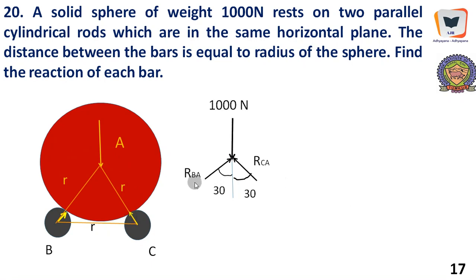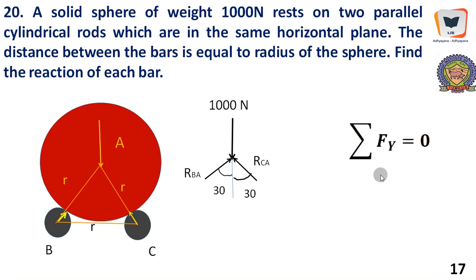We write RBA, the reaction offered by sphere B towards A, and RCA, the reaction offered by C towards A. This angle is 30 degree because this forms an equilateral triangle R, R and R. In an equilateral triangle, angles are 60 degree, and here we have drawn a vertical for clarity, because we need to resolve sigma Fy, sigma Fx equal to 0. So this is 30 degree, this is 30 degree.